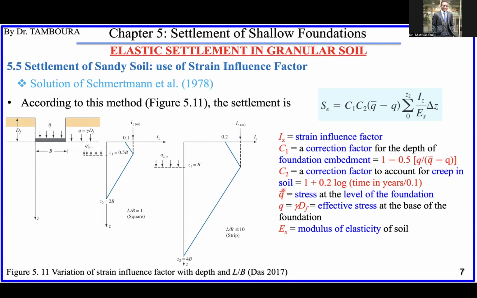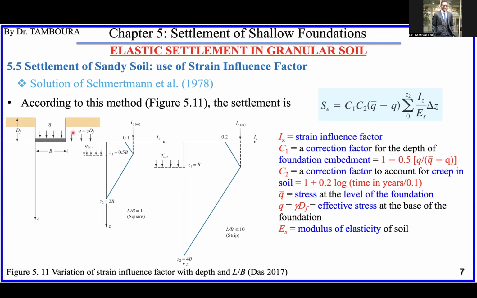The Q bar here is the stress at the level of the foundation. The level of foundation, you can see it here. At the level of foundation, what is the stress?